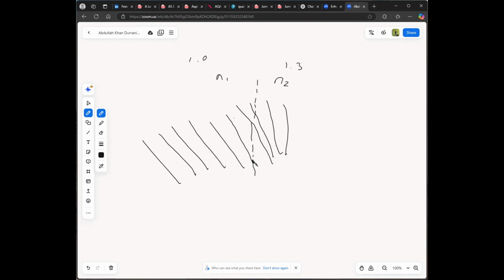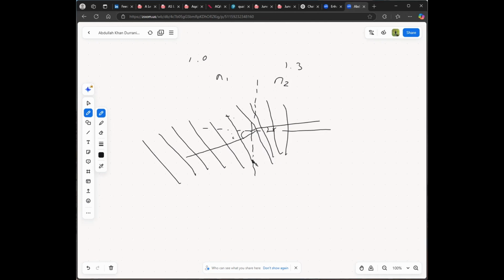So there's a tilt, and because there's a tilt, it just moves like this. This is the normal, and this was the angle of incidence, and because it tilts like that, this angle becomes smaller than this one. So the angle of incidence is greater than the angle of refraction because this part enters the next medium first, and it becomes slower than this part.